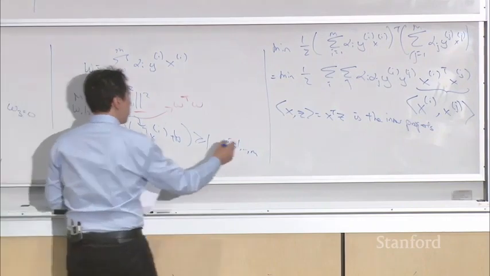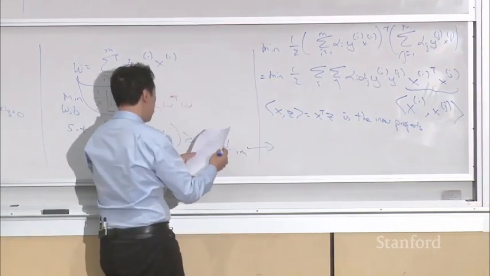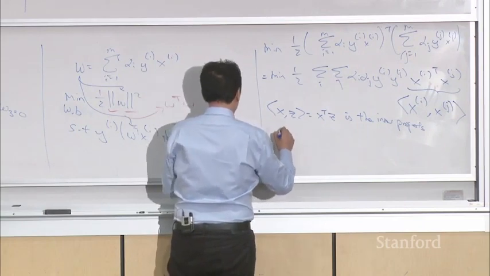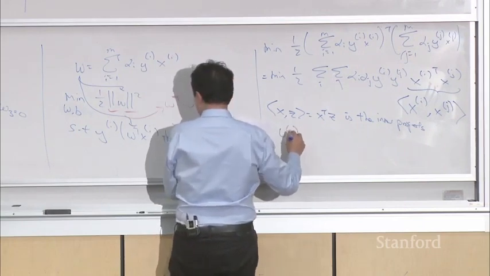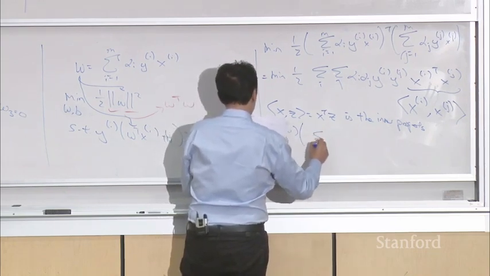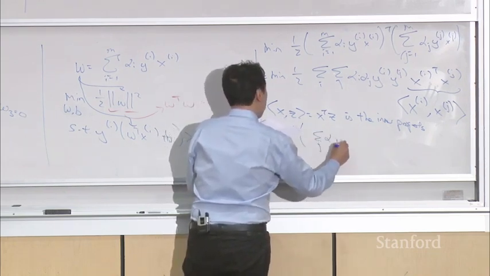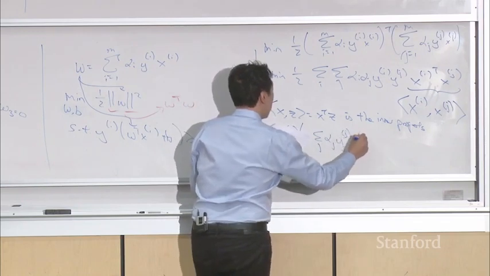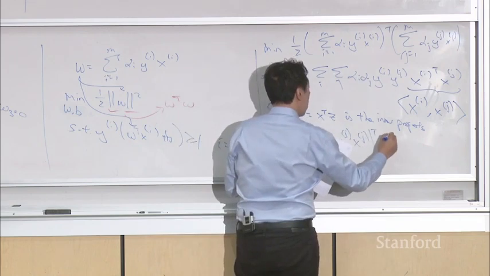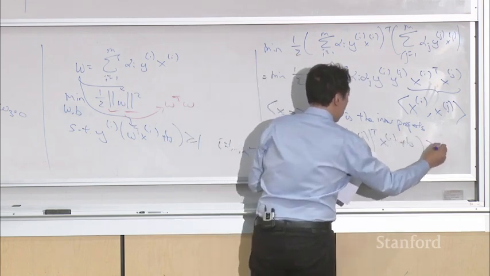And then this constraint becomes something else. It becomes yi times W transpose x plus b is greater than or equal to 1.